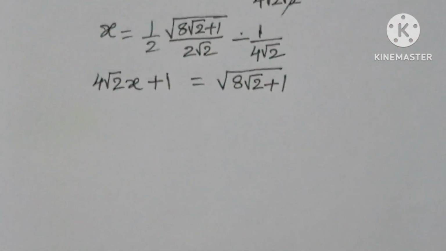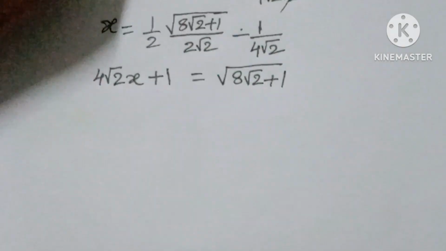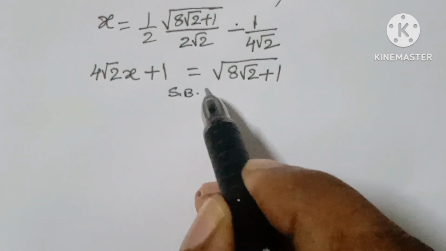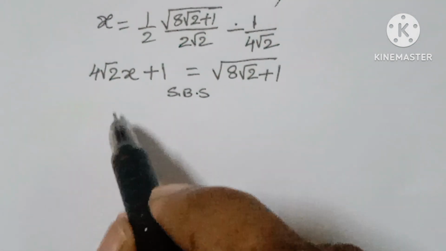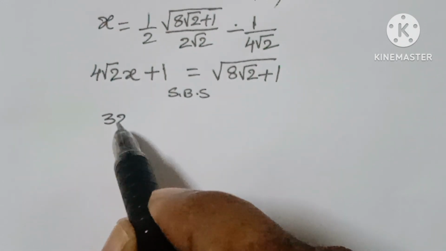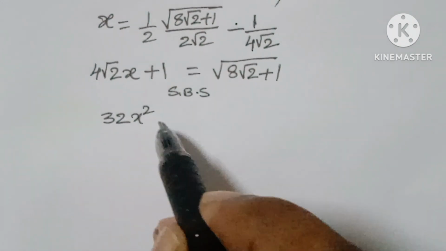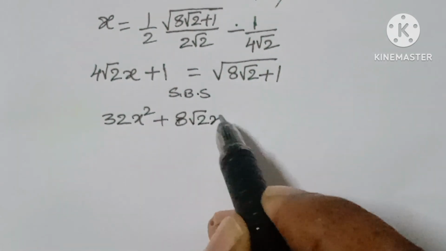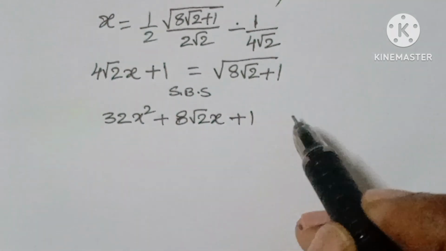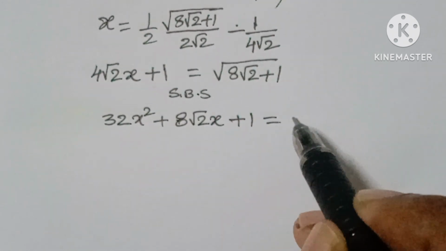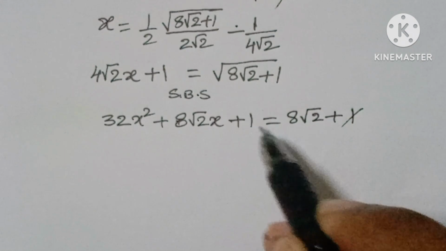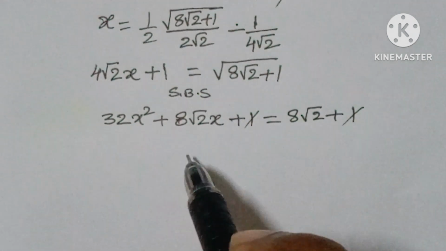Now squaring on both sides, you will get 32 x square plus 8 root 2 x plus 1 is equal to 8 root 2 plus 1. The 1 you can cancel.